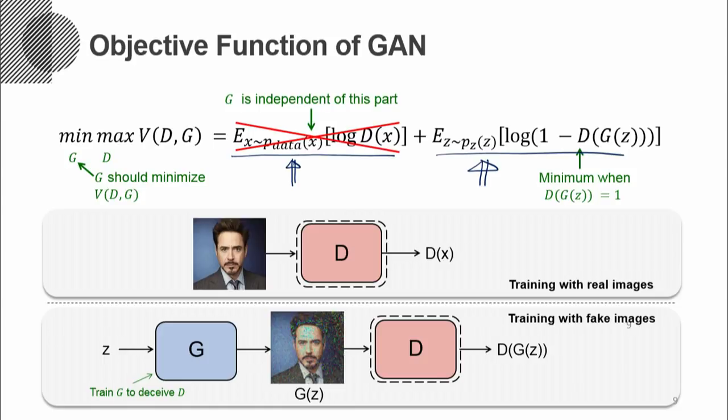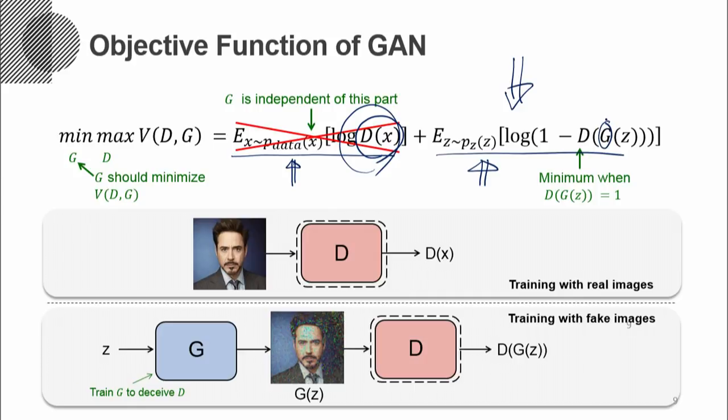That means the spam email generation company cannot manipulate or change this discriminator part, which corresponds to the spam email filtering algorithm that maybe Gmail has. So the generator cannot do anything on this discriminator network, but they can only improve their own generator part.